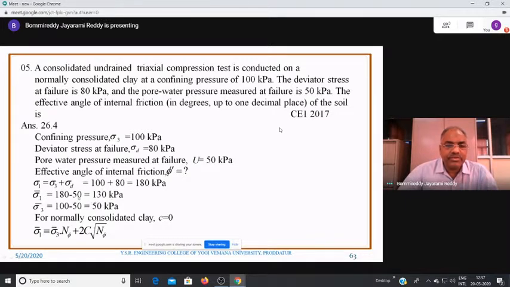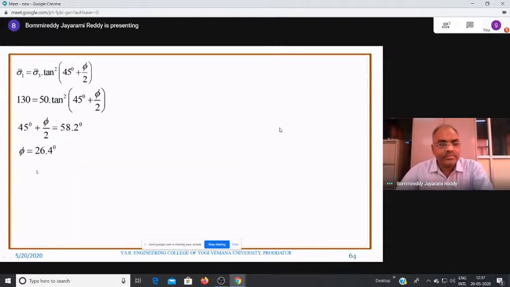Here in this problem, for normally consolidated clay, sigma 1 equals sigma 3 tan square of (45 plus phi by 2), and the second term vanishes.